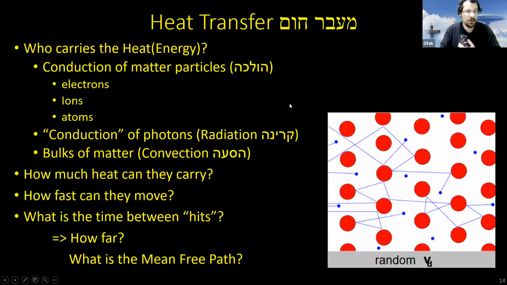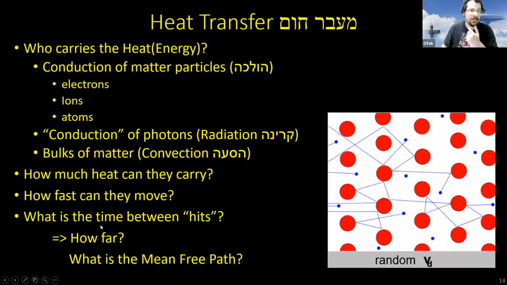The question that will determine which of these processes actually wins out or is most important in a star or in any system depends on the questions: how much charge, or in this case, heat, can each particle carry, each channel can transfer from place to place, how fast can they move from place to place? That is the drift velocity we had before in the Drude model.